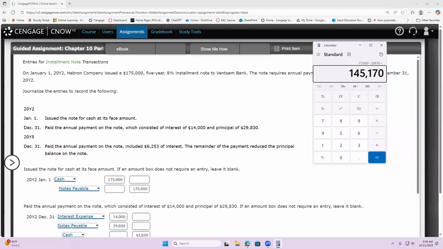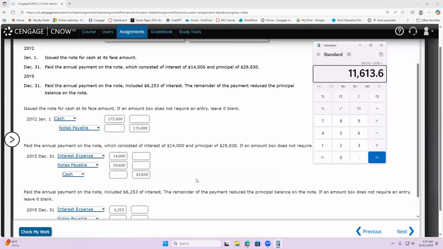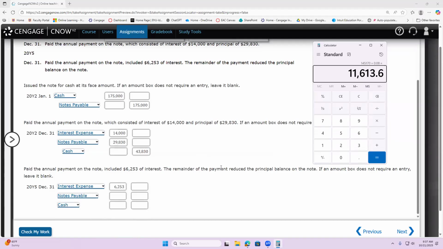Does that make sense? So now for year two, we start the year owing 145,170. We pay 8% interest, so times 0.08. Should we be rounding? Probably.